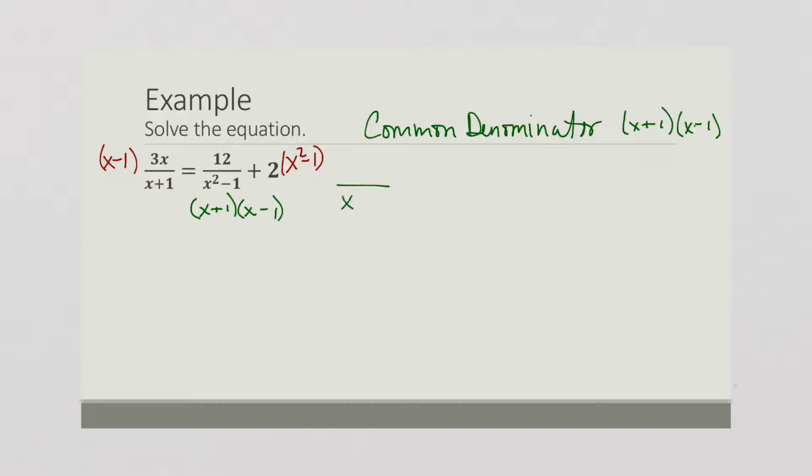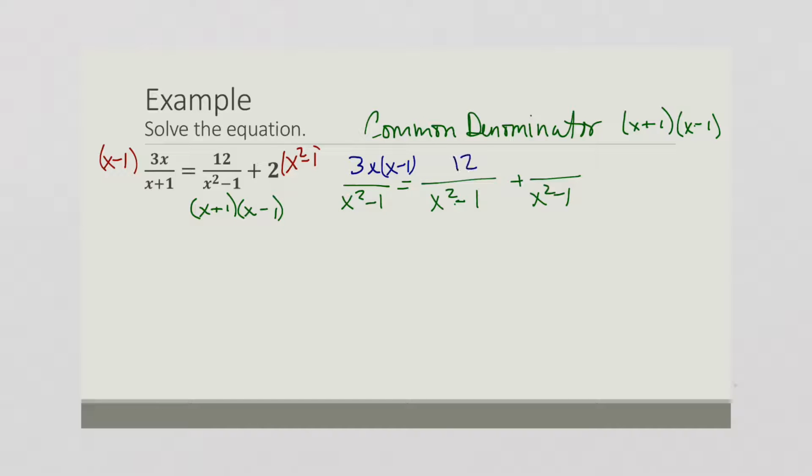So I end up with the common denominator of x squared minus 1 over x squared minus 1 plus over x squared minus 1. Now the first term, like we said, needs to be multiplied by x minus 1, so I have 3x times x minus 1 for my first.